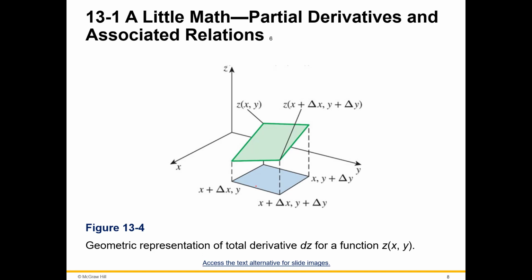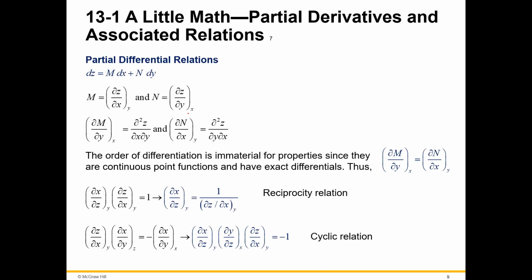And here it is. There's the geometric representation of the total derivative dz for a function z of x and y, in reference to xy. You see the xy plane, and then it's with a z with another arrow there. So here are the partial derivative relations, and that's dz, so remember that's the total.